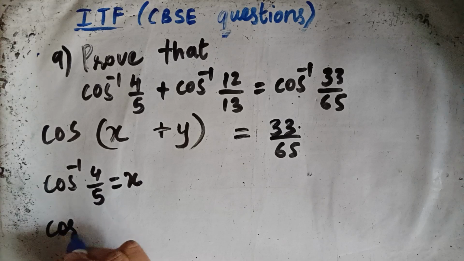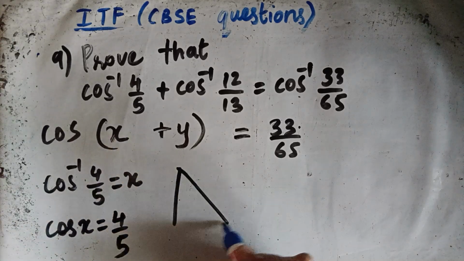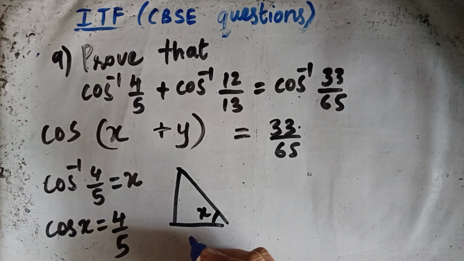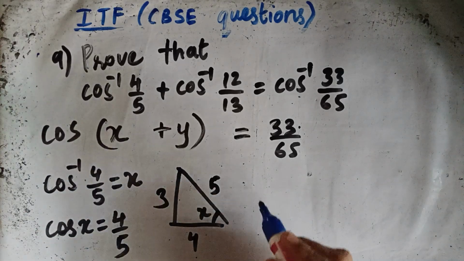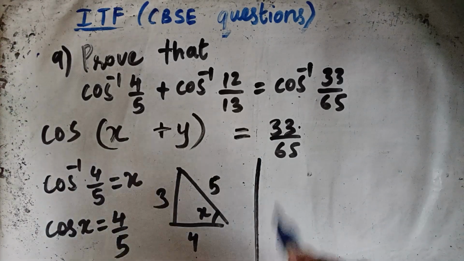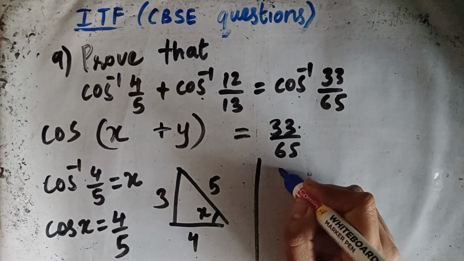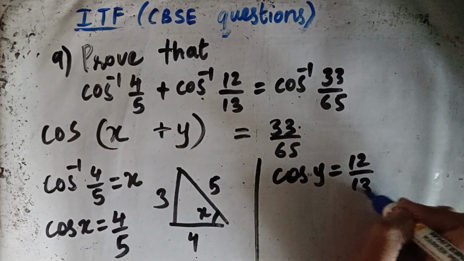Okay, so I've taken cos inverse 4 by 5 as x. So what is the value of cos of x? 4 by 5, right? Constructing the triangle, you'll get adjacent upon opposite. So this. Okay. Now take value cos inverse 12 by 13. So cos y is 12 by 13. Okay.